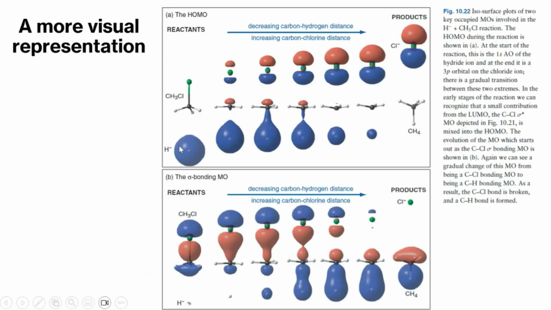That hydride ion will attack the sigma antibonding orbital, a backside attack, and it will donate electrons into sigma antibonding, breaking that bond, and thus leaving chlorine on its own as the chloride ion. And in addition, the bonding molecular orbital now shows overlap between that new hydrogen and the carbon, instead of the carbon and the chlorine atom.